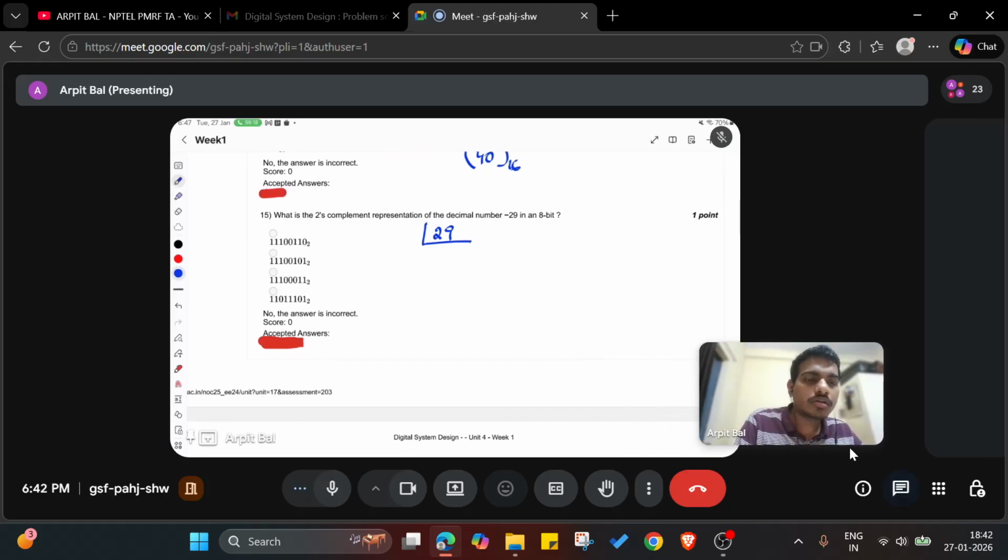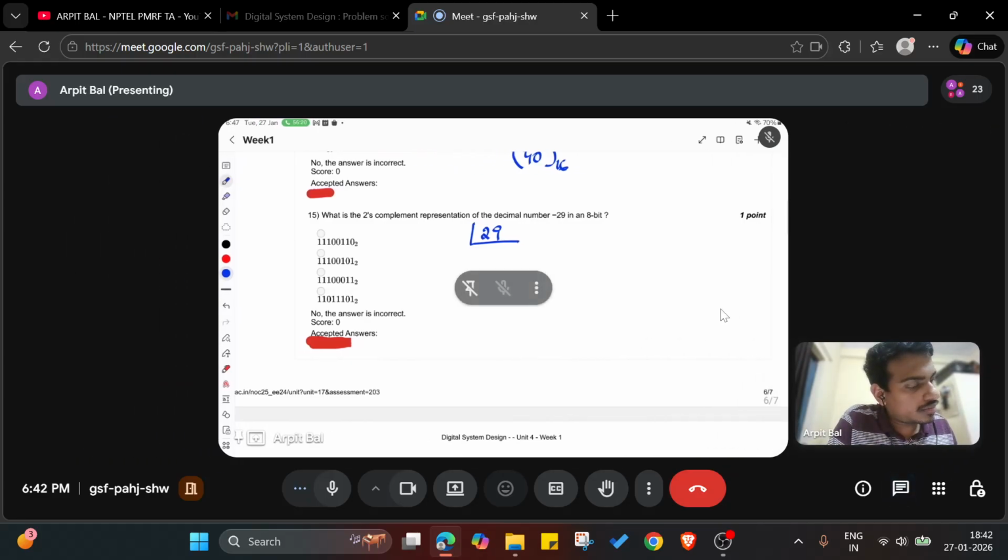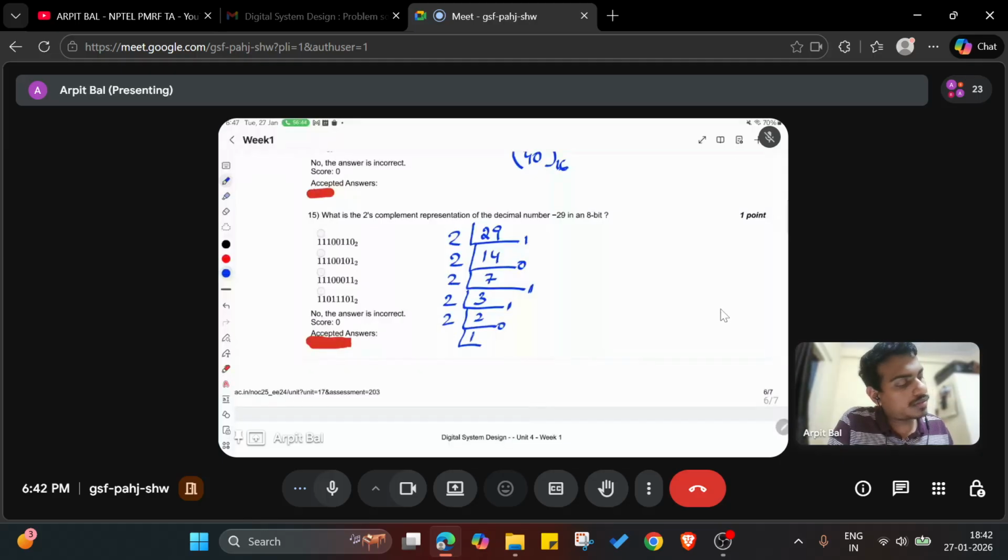So if I divide by 2, I'll have 14, remainder 1, then 7, remainder 0, then 3, remainder 1, then 1, remainder 1, and then 0, remainder 1.